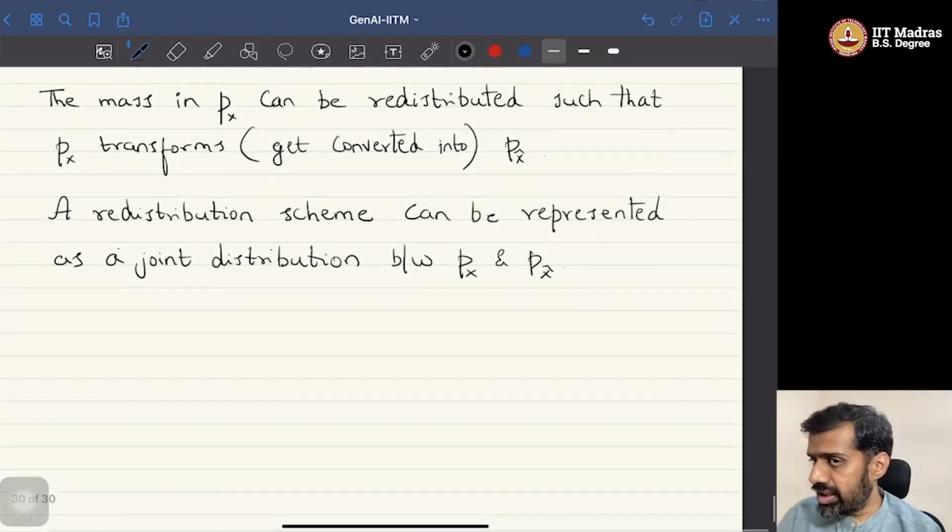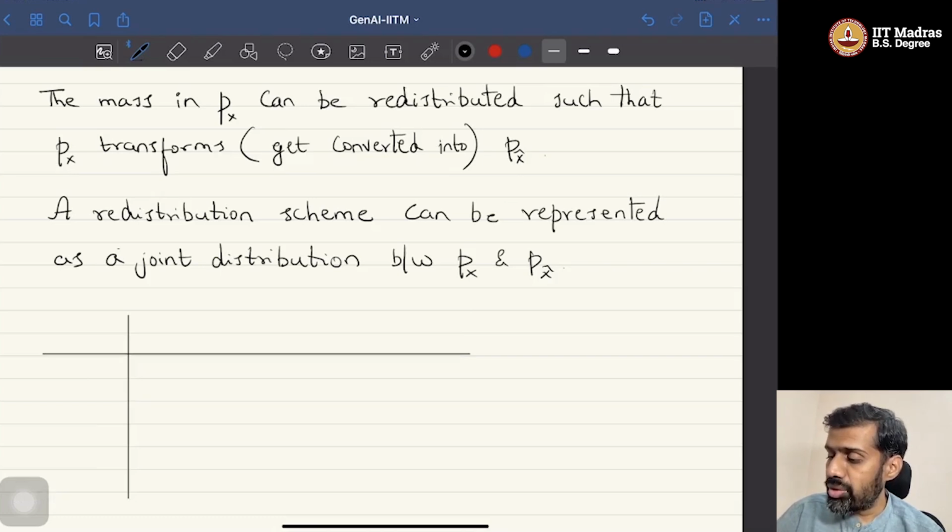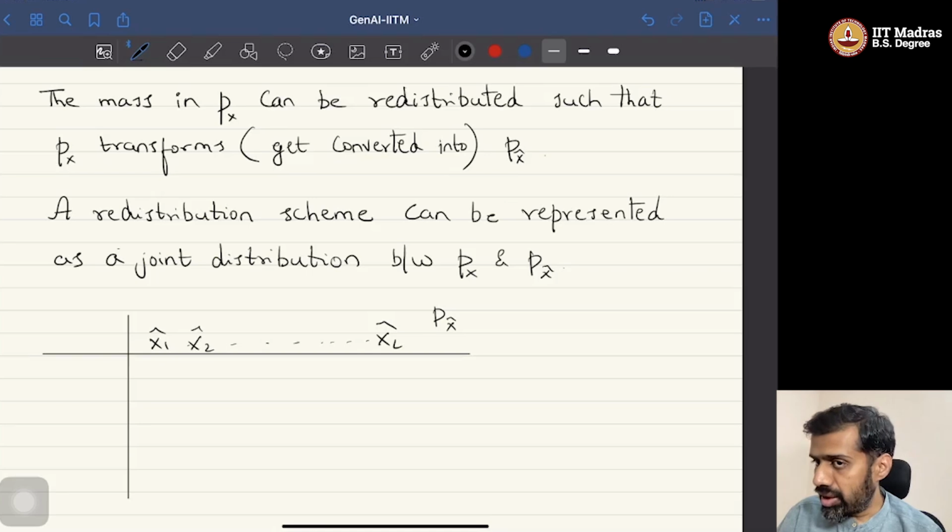Why is that? Think about it. Let's say that we have a table. For a discrete distribution, you can represent the joint distribution using a table, right? So we have x1 cap here, x2 cap, and we have xl cap, and this dimension is P_X cap, and here we have x1, x2, and we have xk here, and this is the axis of P_X.